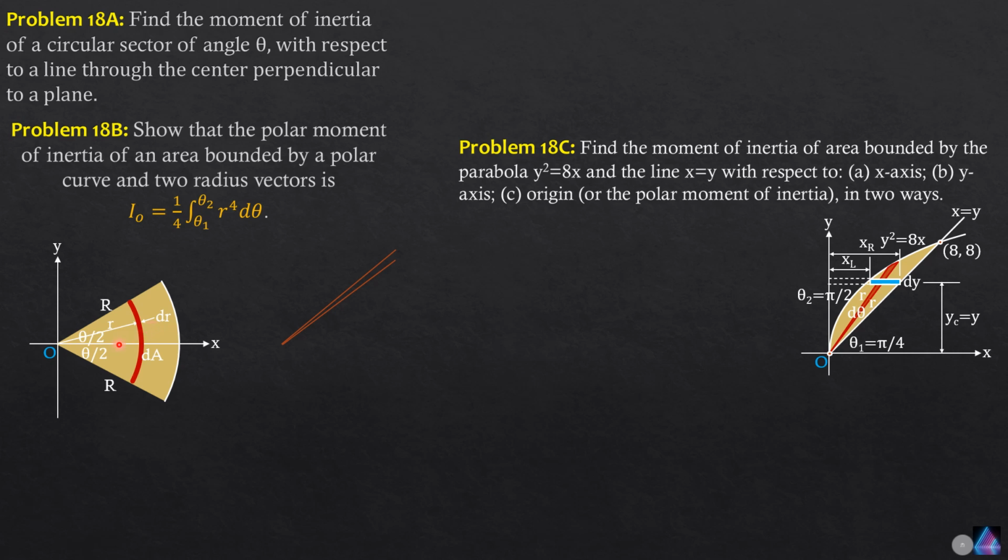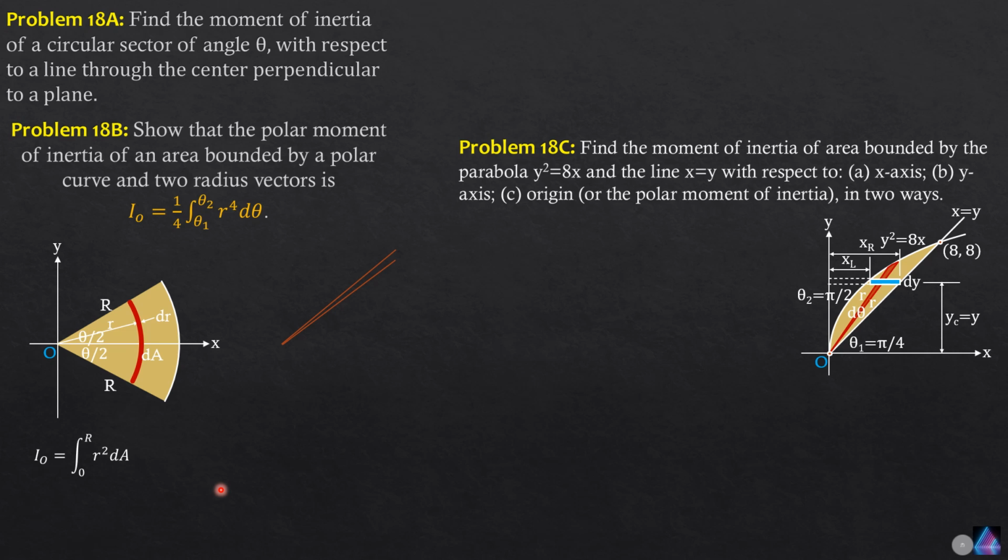And the moment of inertia with respect to an axis through the center perpendicular to the area is the integral of constant distance squared, which is small r squared, times differential area. Again, differential area is arc length, which is r times theta, times thickness dr. So the original expression I_O is the integral from 0 to R of r squared dA.